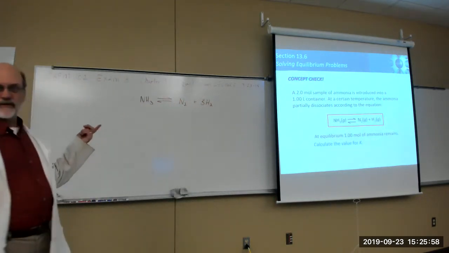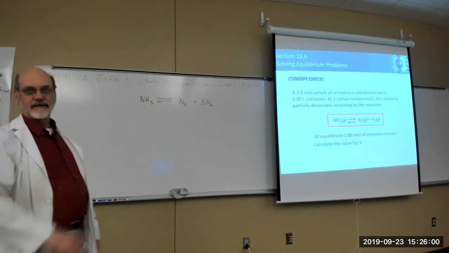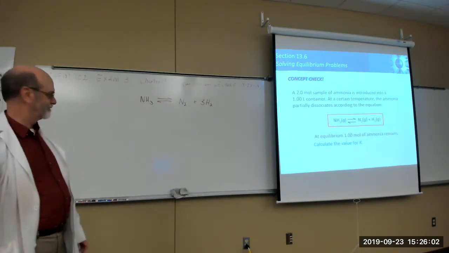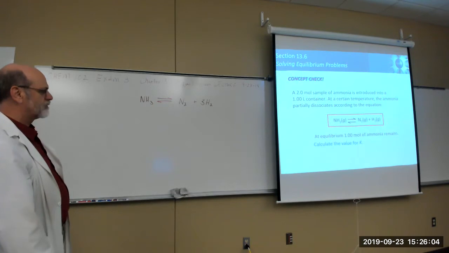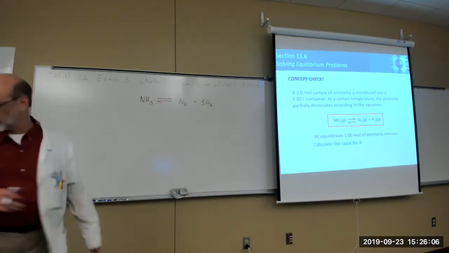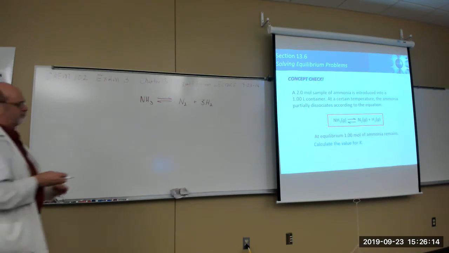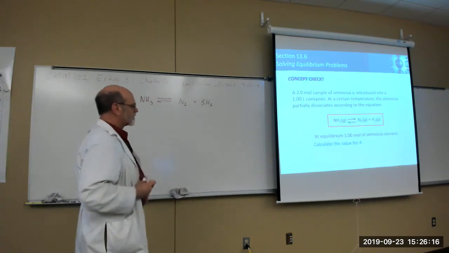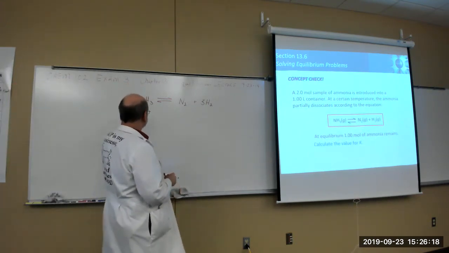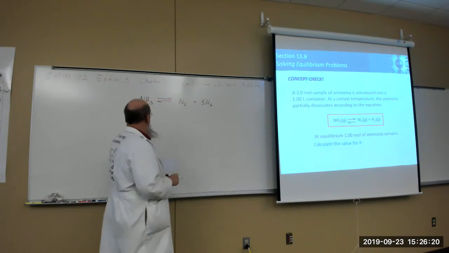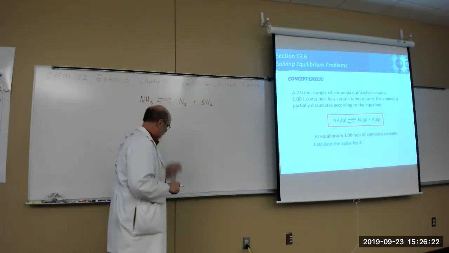The difference between this one and the previous one is that the equation is flipped. So in this case, we're going to treat the equilibrium as ammonia is a reactant, and nitrogen and hydrogen are products.